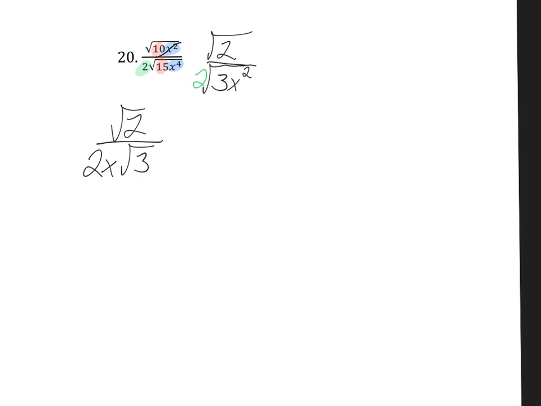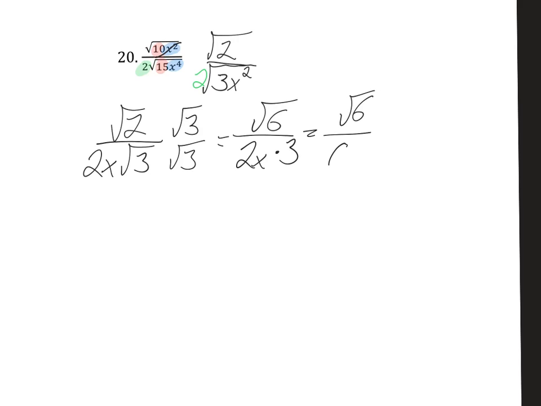Radical 3. Now I'm going to multiply the top and the bottom by that radical 3 because I'm not allowed to have it. So I have radical 6 over 2x times 3. So I have radical 6 over 6x. This is my final answer.